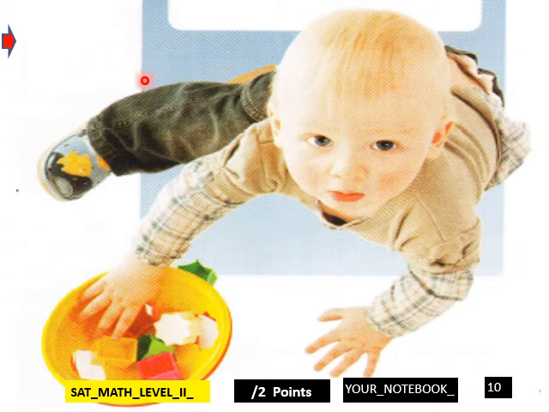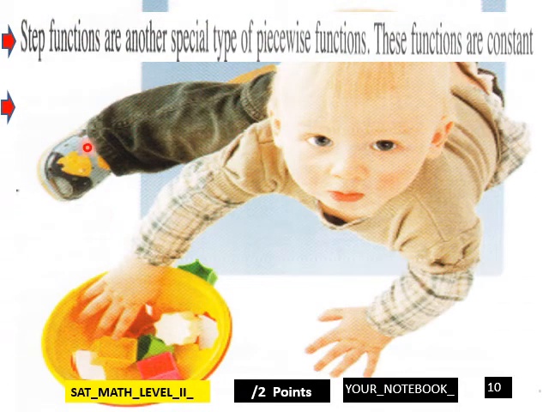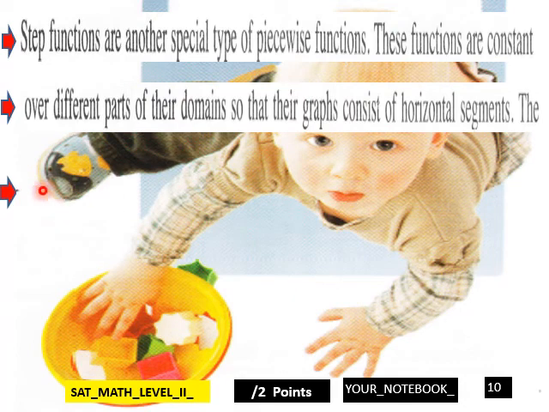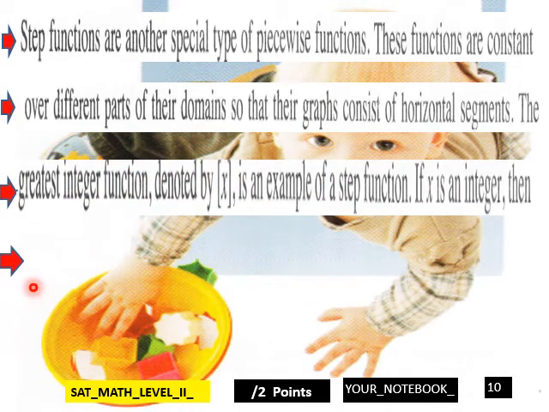Step functions are another special type of piecewise function. These functions are constant over different parts of their domains so that their graphs consist of horizontal segments. The greatest integer function, denoted by the bracket of x, is an example of a step function. If x is an integer, then bracket x will equal x.